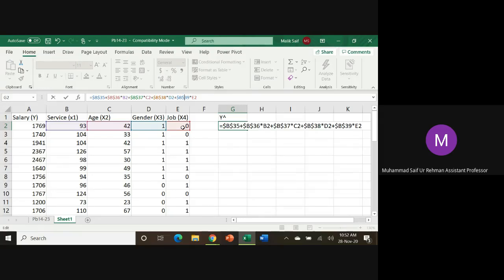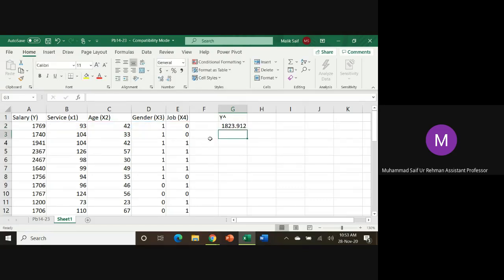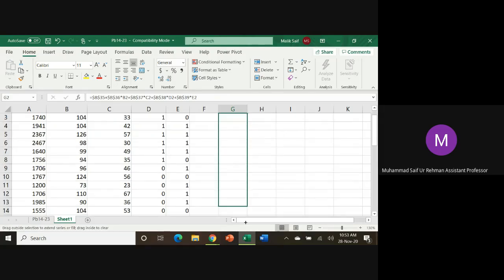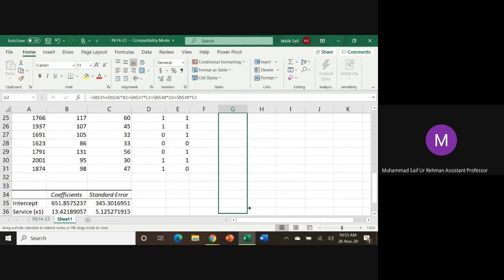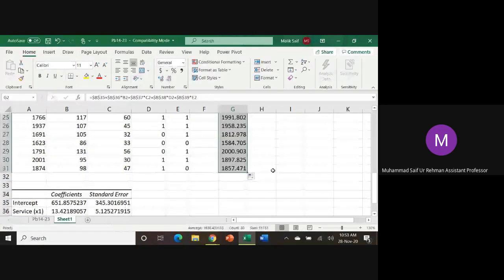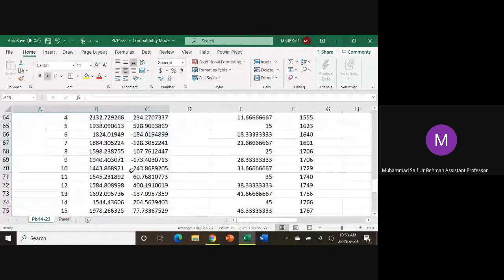So now let us press enter and see what the answer is. You can see it is 1823912. Okay. And then you can drag it down until the last row, and you will have the output in this way. Fine. Now let me show you the output that Excel gave me. Excel gave me this output.